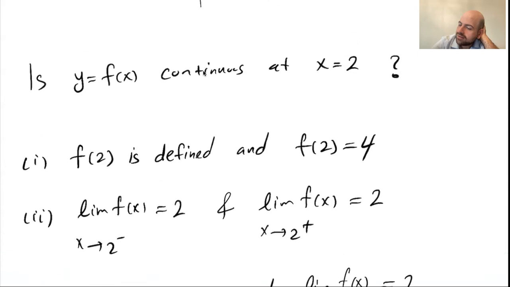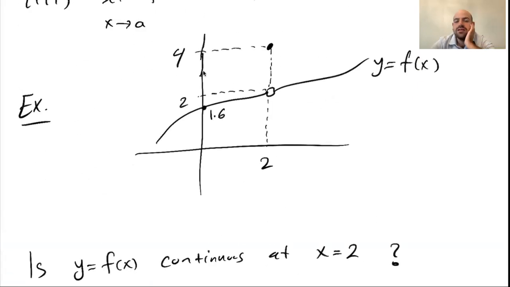So only at 2 the function is discontinuous because the value of the limit and f of the number were different. But at 0 or at 1 or at 3 or at 10, at any c other than 2, the function is continuous. Only at 2 is it discontinuous.